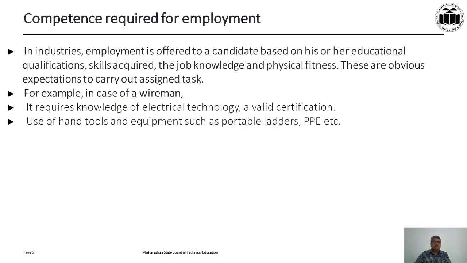So various hand tools are used by him and he should be able to operate those hand tools effectively and efficiently. Then he should be able to use different equipment such as portable ladders.